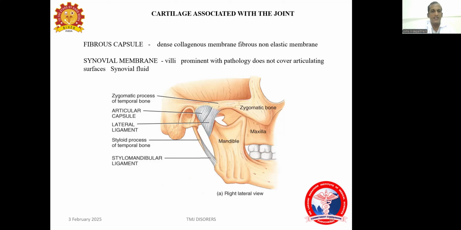And when you see the lateral view, you can examine how it is attached to the bone, the lateral ligament and the articular capsule, and how it is attached to the zygomatic process of the temporal bone.